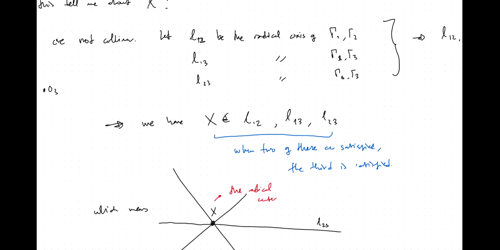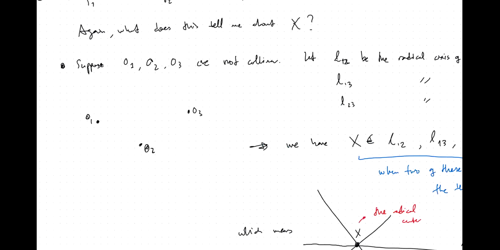When the centers are collinear, the radical axes will be automatically parallel because all radical axes will be perpendicular to that line, right? When O1, O2, O3 are collinear.